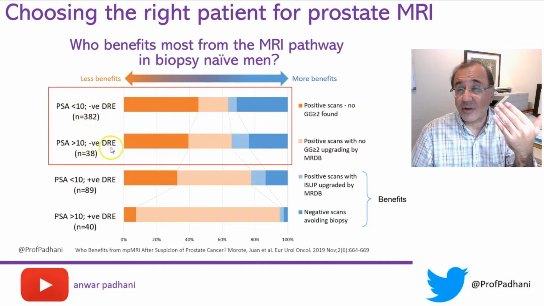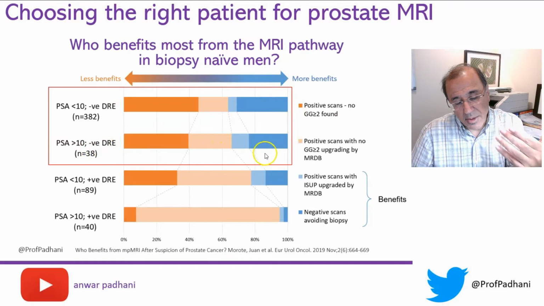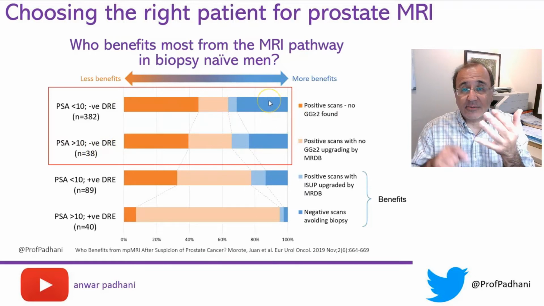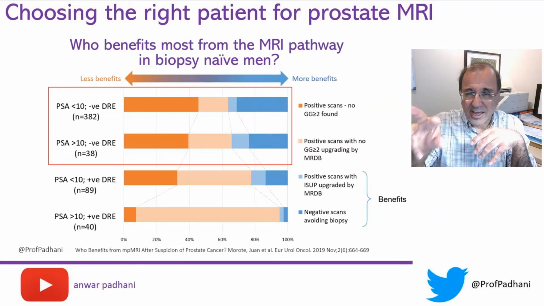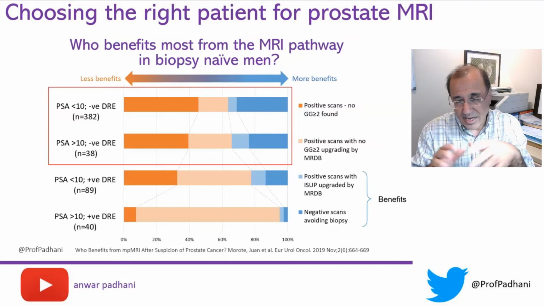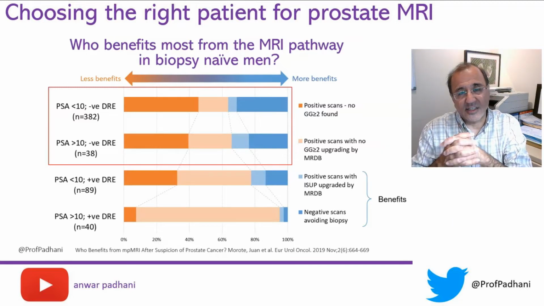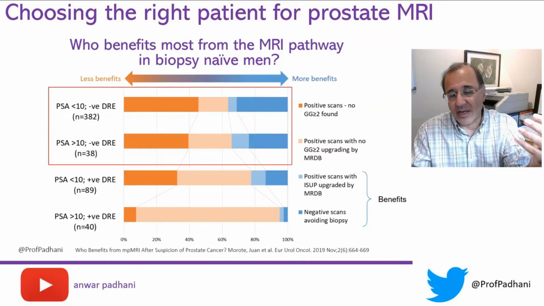These patients benefit most from the MRI pathway in terms of avoiding a biopsy and positive scans that are upgraded by MRI targeting. And those are the blue bars that you can see on the right-hand side. So, for example, a man like this.